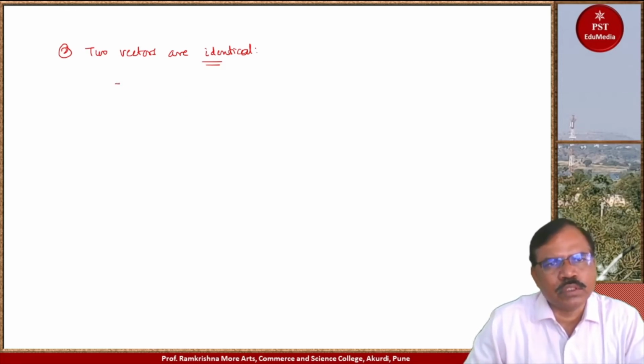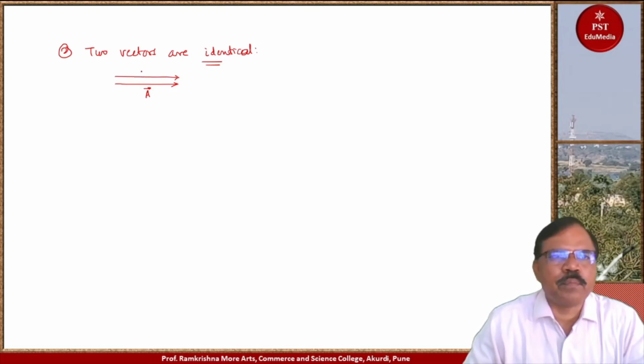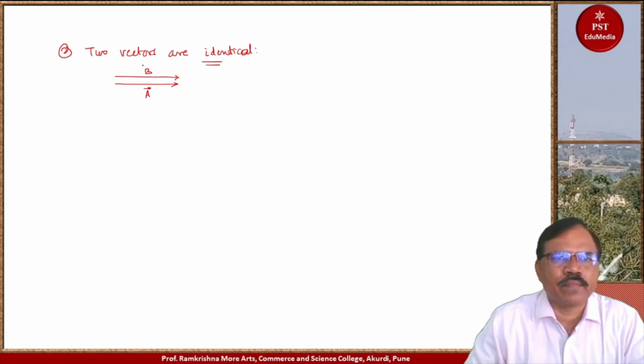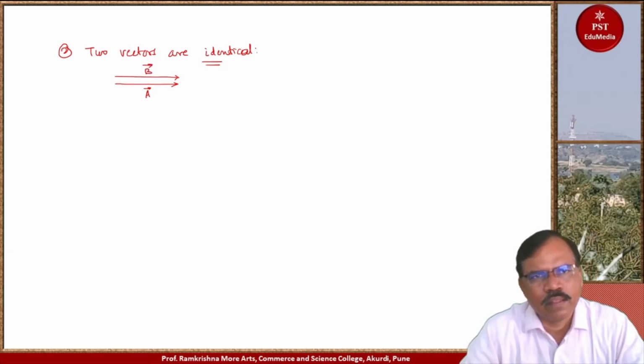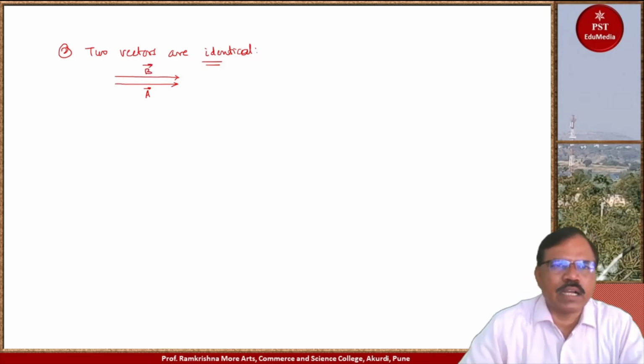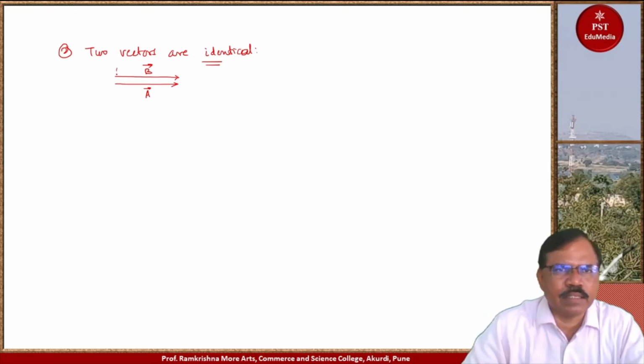Suppose this is the first vector, that is A, and I will take a second vector parallel to A, and their magnitudes are also the same, so their lengths are the same here. Then we can write A is equal to B.